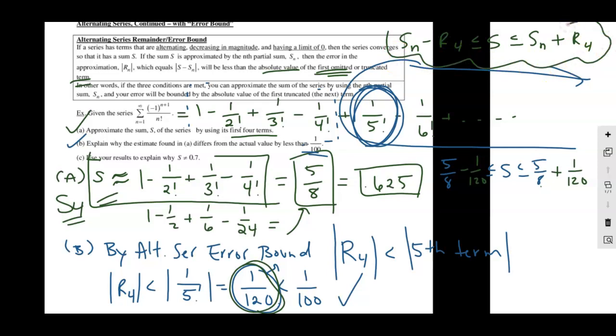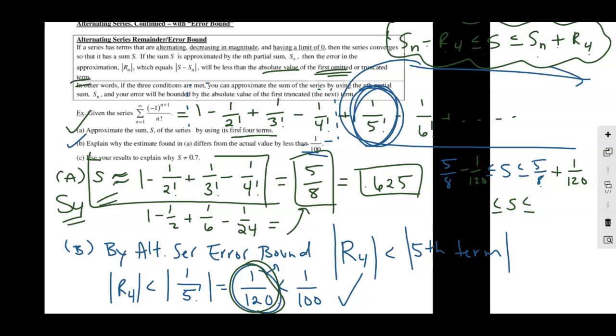If I take my approximation, which is S of n, and add in the biggest error, and subtract the biggest error, that's going to give me this kind of window, this interval, for where that true exact infinite sum could be. So here our approximation was 5/8.